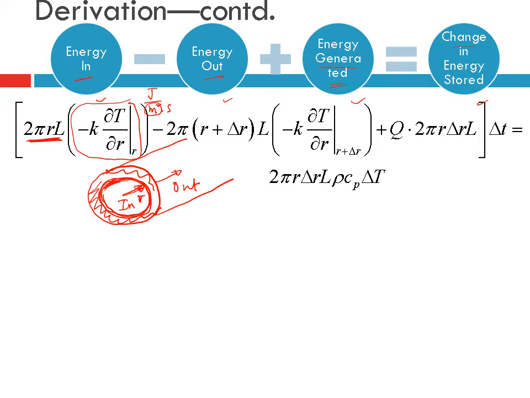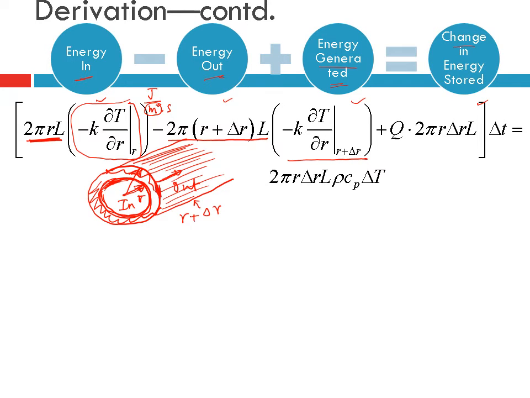Then the heat goes out through this outer surface area. My terrible drawing there. But this outer surface area, the radius here is r plus delta r. So the surface area is 2 pi (r plus delta r) L, times minus k del T del r at r plus delta r, that's the gradient.